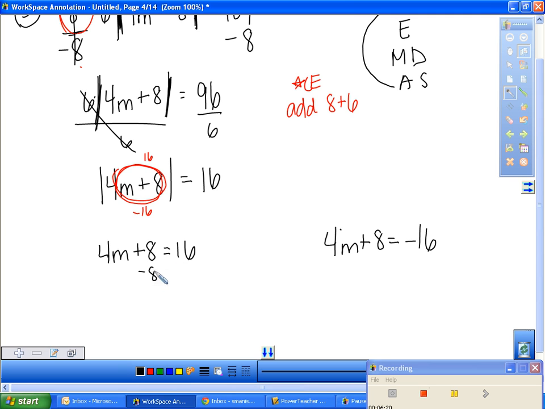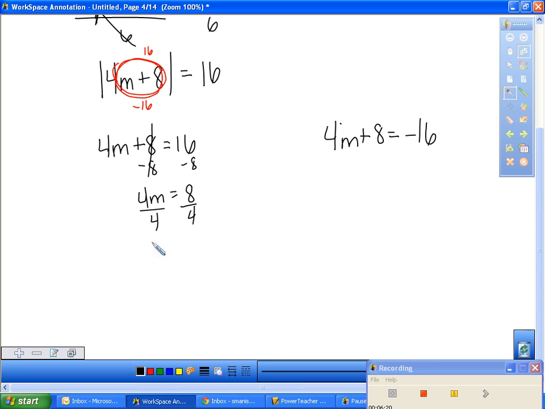So I subtract 8, I subtract 8, and I get 4m equals 8. Divide, divide. So my m is equal to 2 is one of my solutions. And I need to find my other solution. I subtract 8 and subtract 8.